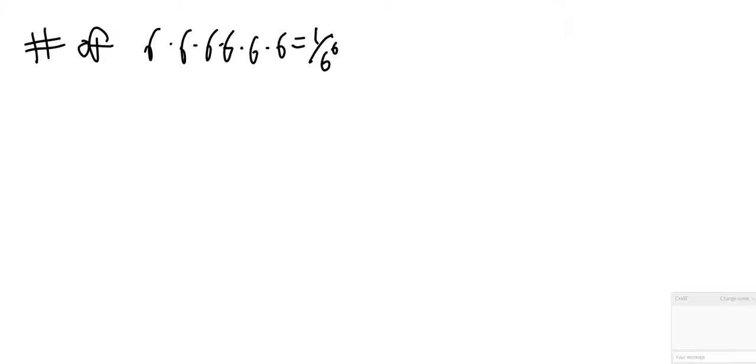Sorry, not 1 over 6 to the 6th, it's 6 to the 6th. This is the number of possible outcomes, right?